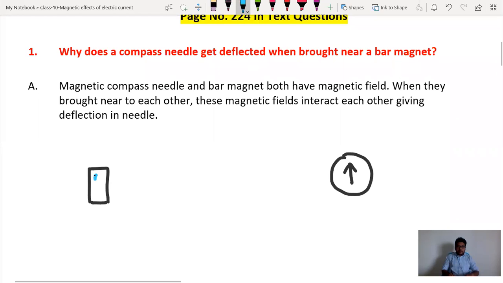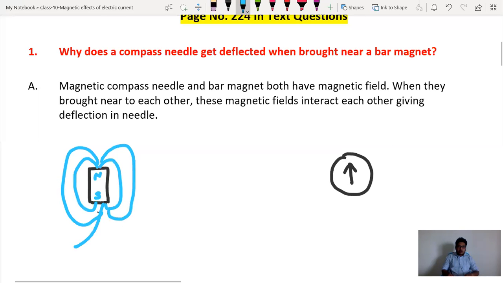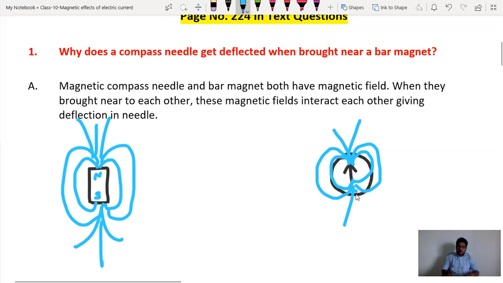So while coming to bar magnet, of course, this is north and south. It will have some magnetic field around it. You know how to draw those magnetic fields. And while coming to this compass needle, of course, this also will have magnetic field around it, same as bar magnet, same shape you can find it.